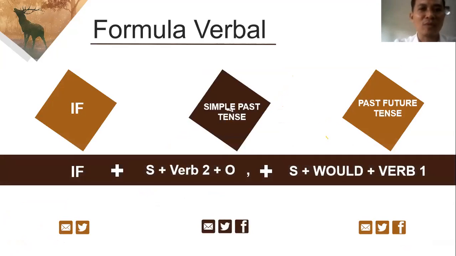There are two kinds of sentence: verbal sentence and nominal sentence. Verbal sentence is a sentence using an ordinary verb, for example study, eat, write.